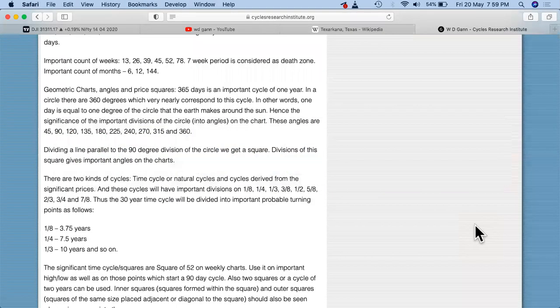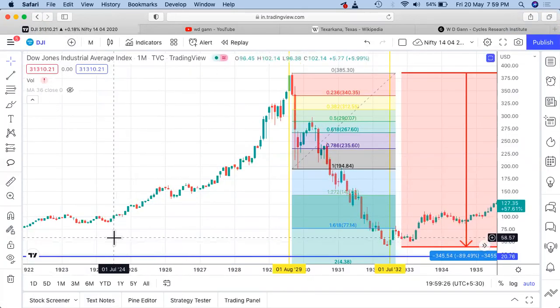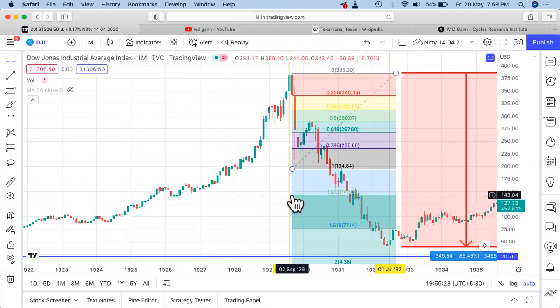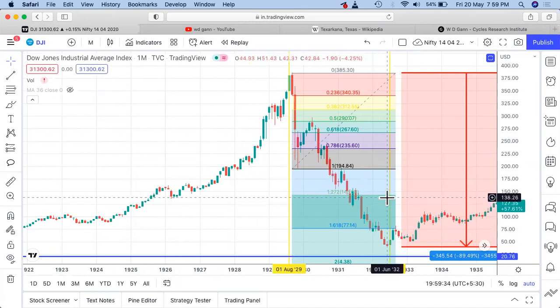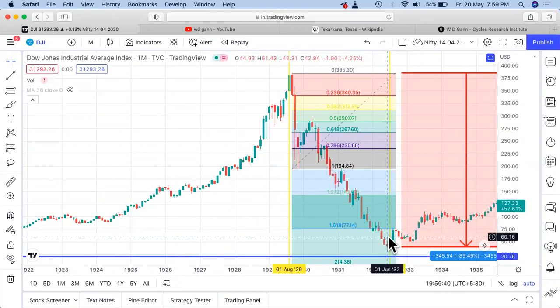And we also saw the huge bull run which came to an end somewhere around 1929, and a fall that came until 1932, which was probably the war period described by W.D. Gann in the book.